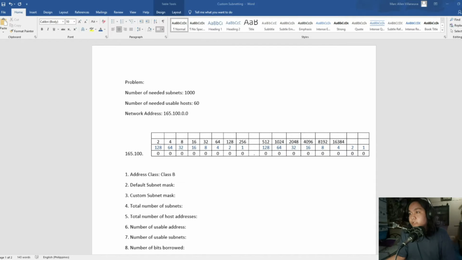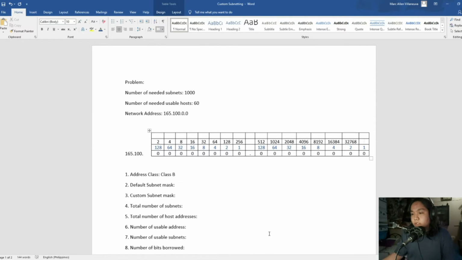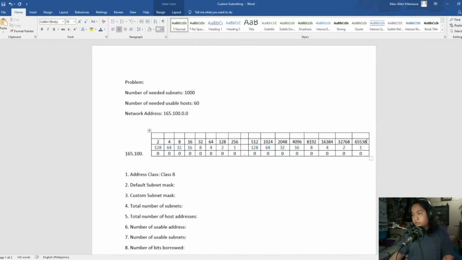As you can see, it is really a long process, but it is not that hard. It just takes time to learn this. 32768, times that again, 65536.